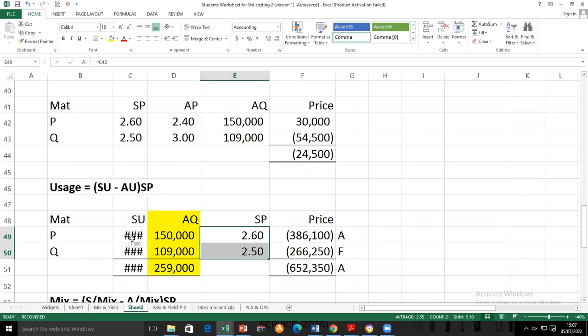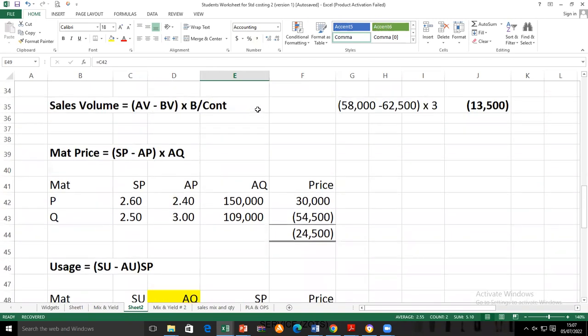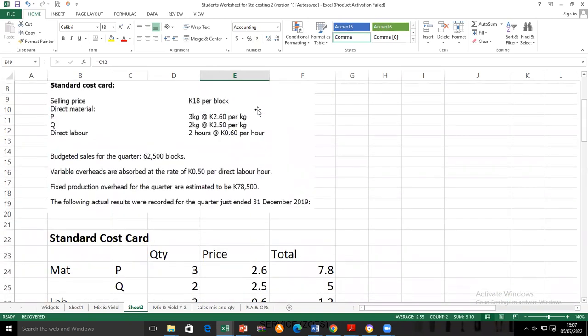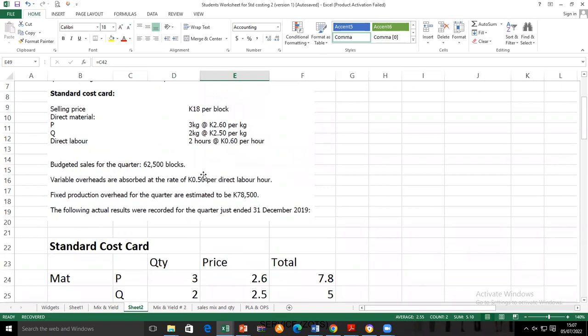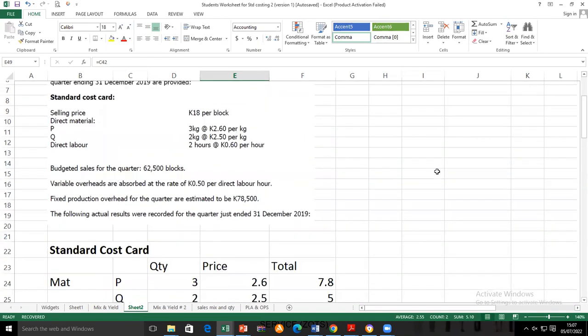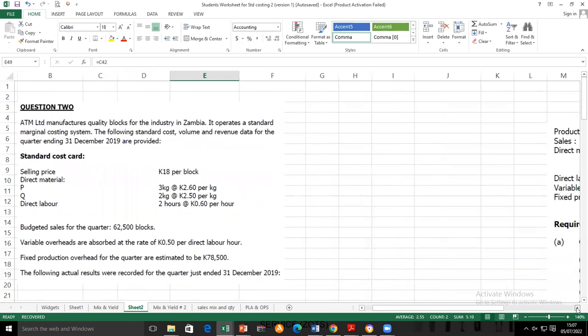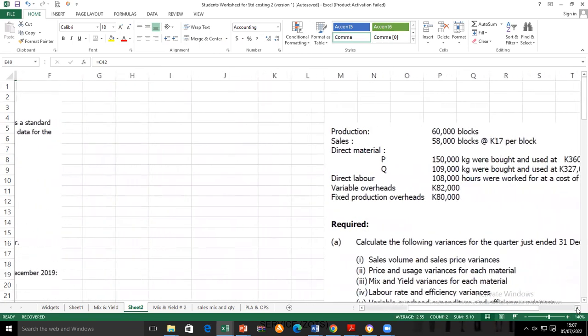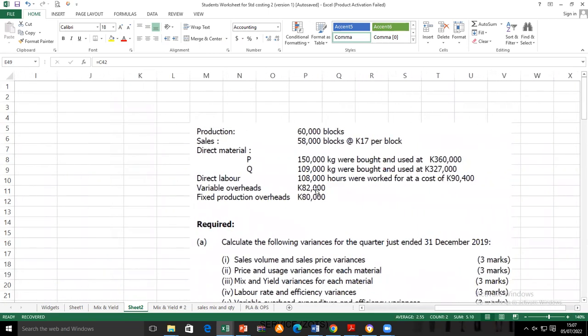Standard usage. How do you come up with standard usage, people? We look at how much was produced. 60,000 units were produced, not sold.